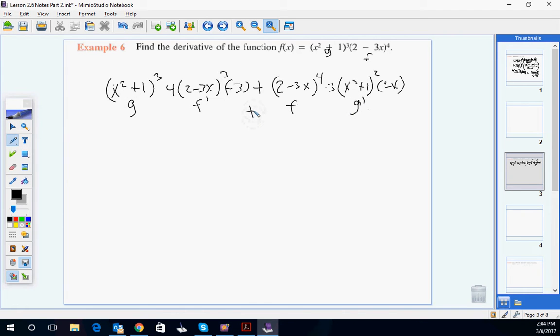That's just me writing it out in terms of the product rule. The negative 3 is a derivative of the inside. Derivative of the inside here is negative 3. Okay, anything else there? We're not done. We're going to continue here.